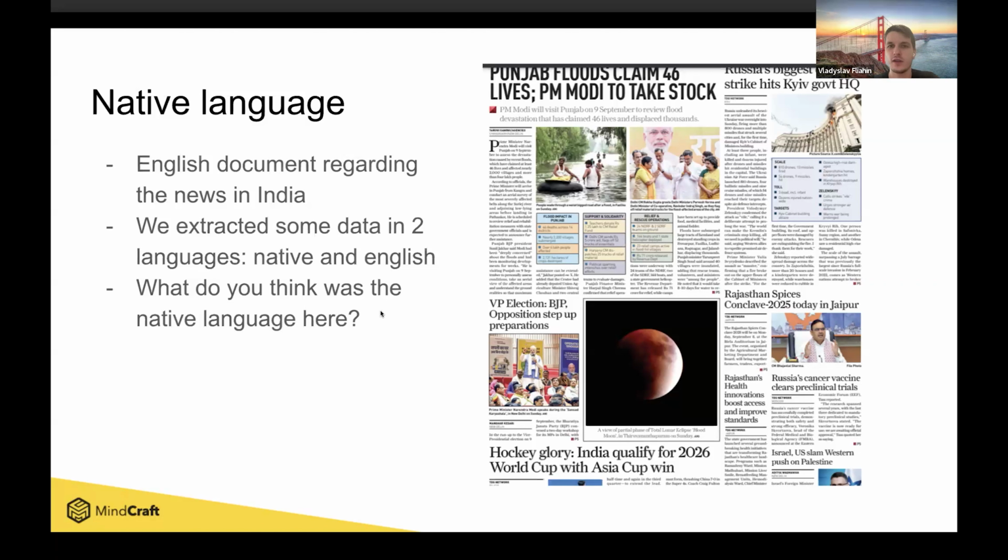Sometimes we obtained Hindi, because it's India's second native language. Sometimes it was something similar to Chinese, that maybe the model itself considers its native language, and so on. And so the main takeaway here is to always specify what is native for you, so that the model understands what is native for it. Otherwise, you may end up with one of these situations in your production.